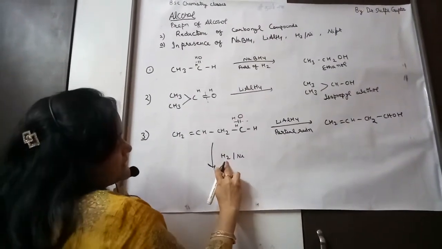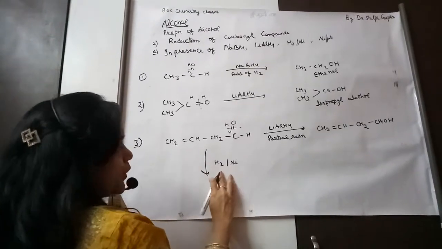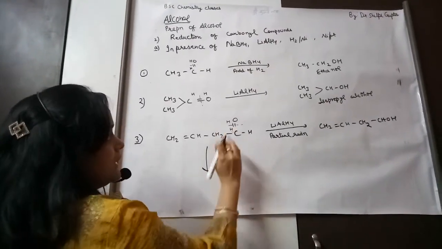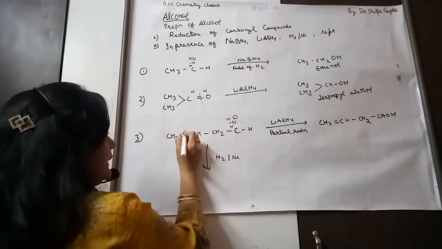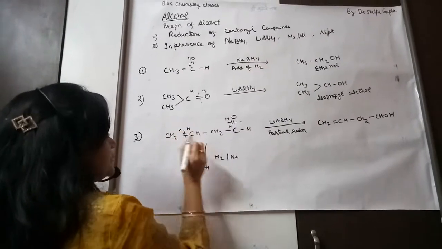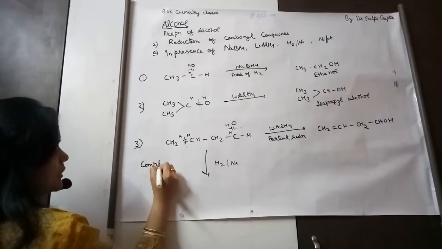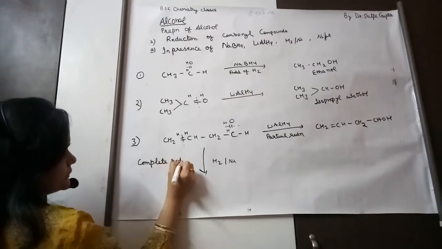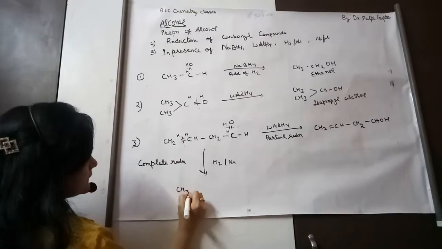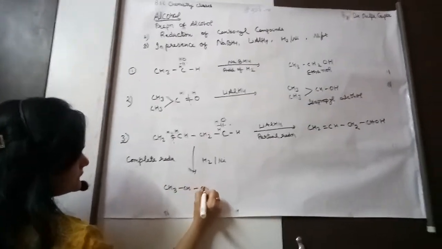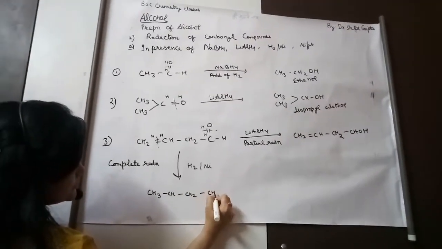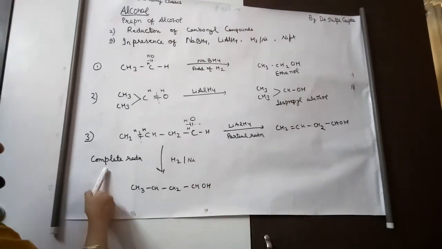And if we do it in presence of hydrogen and nickel, what will happen? It will attack on both the double bonds. Here also the addition of hydrogen, and here also. This is a complete reduction. And what will form? CH3, CH2, CH2, CHOH. This is a complete reduction.